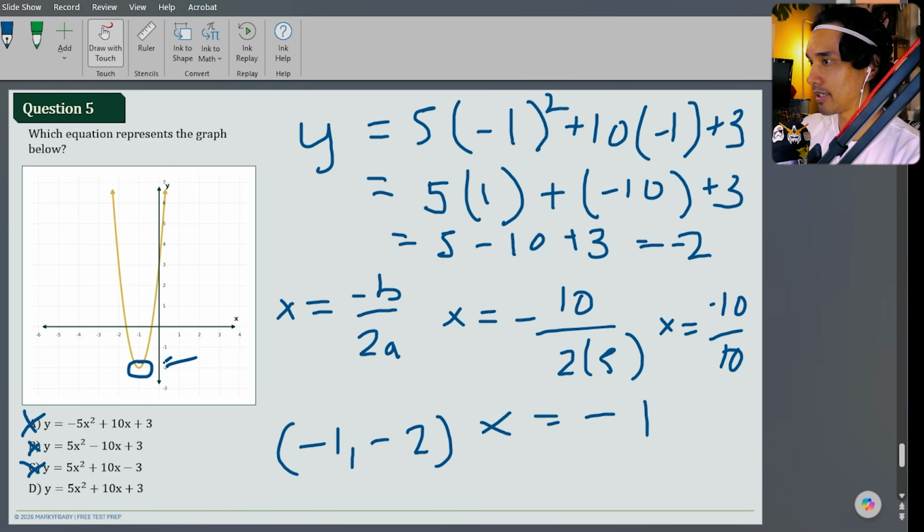This is the vertex, and this is the axis of symmetry at x is equal to negative 1. Okay, perfect.